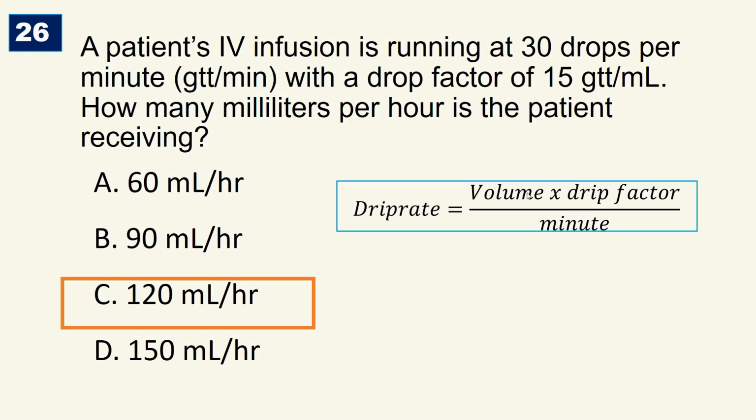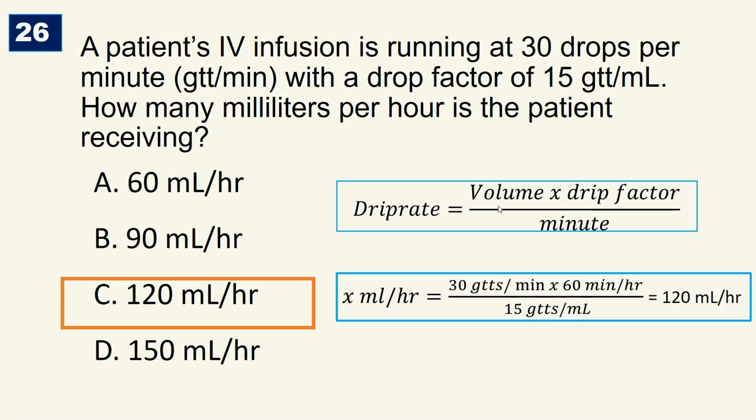This is the standard formula to calculate drip rate, with volume, time, drop factor, and minutes. However, we are calculating mL, that means volume. So if you rearrange the formula, mL per hour can be calculated from 30 drops converted into an hour, and then the drop factor. So it gives you 120 milliliters per hour.